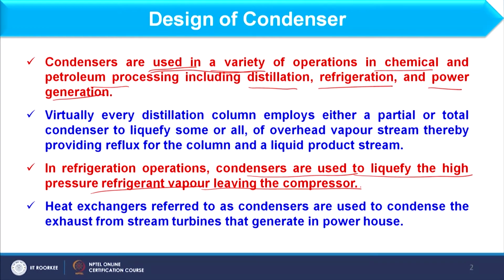So, first of all water is basically preheated and then converted into saturated steam in the boiler, and after that it is converted into superheated form, and then it enters the steam turbine where expansion of vapor takes place.